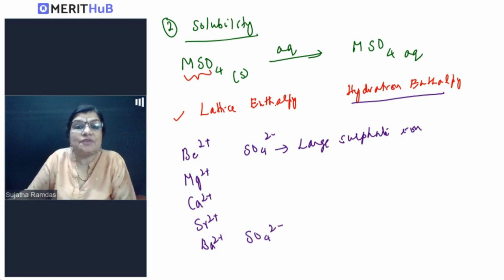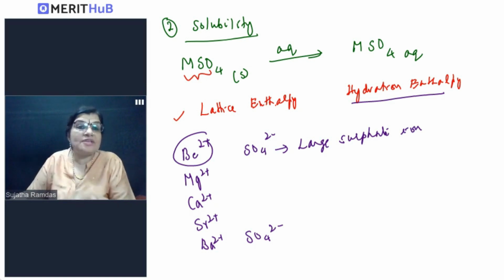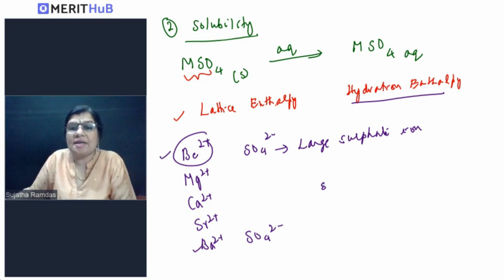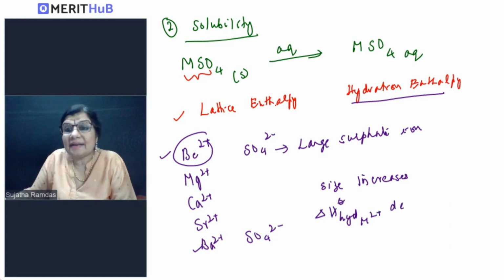Smaller the size of the cation, greater the interaction with the solvent or water molecules, more exothermic the interaction is, higher the hydration enthalpy. But as we move from beryllium ion to barium ion, the size increases, and when the size increases significantly, the delta H naught hydration of the metal cation will also decrease.